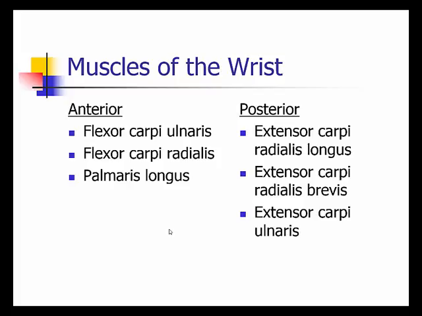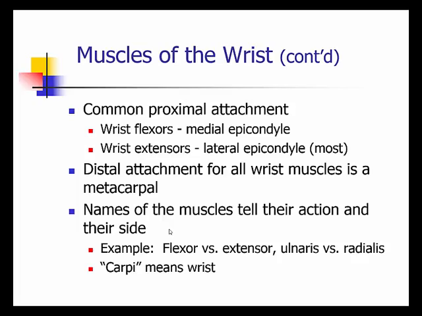Alright, here are the muscles of the wrist that we'll cover. Keep in mind where they're located. And just some side notes here. The common proximal attachments for the wrist flexors are the medial epicondyle, and the common attachments of the wrist extensors are the lateral epicondyle, at least most of them. The distal attachment for all of these wrist muscles is a metacarpal, and the names of the muscles will tell their action and their side.